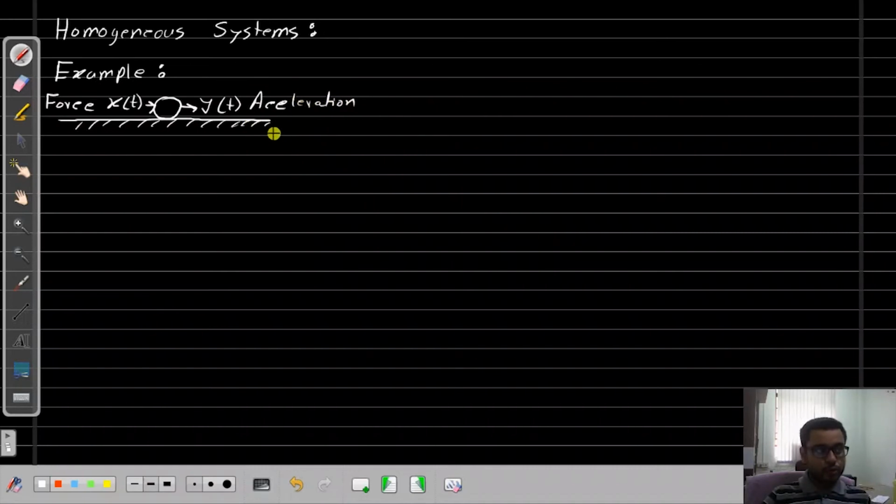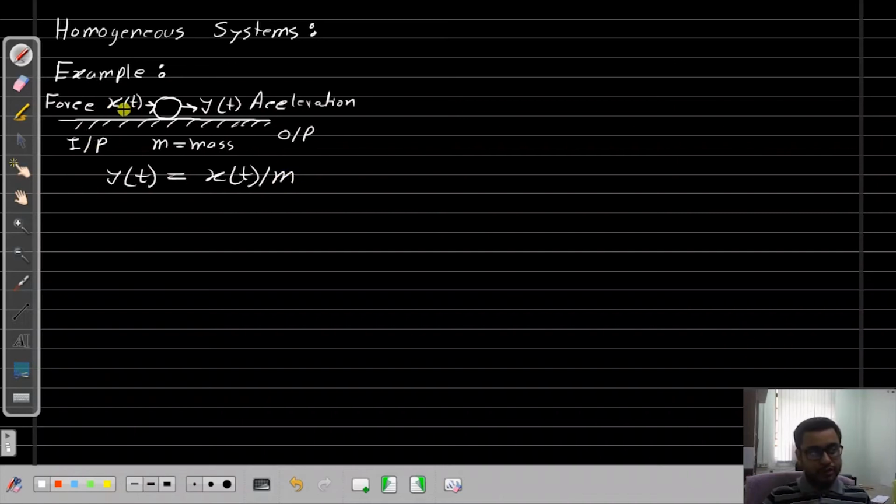This is the output, this is the input. Now let the mass of the object be equal to m. So the relation between the output and input is acceleration equal to force divided by mass.